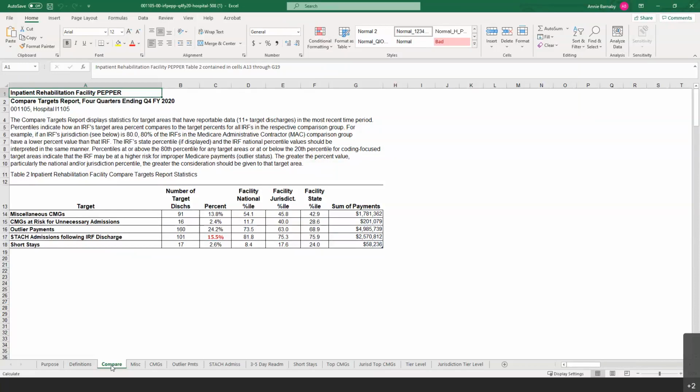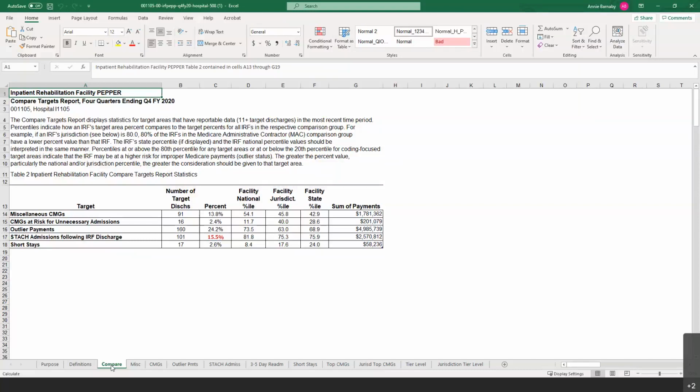You can see here the target areas are listed down the left-hand side there. Let's just take a look at miscellaneous CMGs, case mix groups. The number of target discharges, again, that's going to be your numerator, right? That is 91. The percent outcome for this facility is 13.8%.